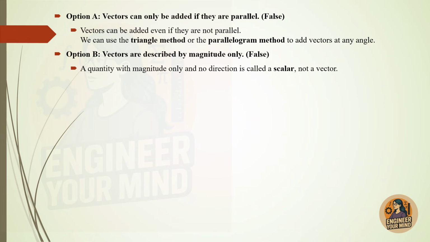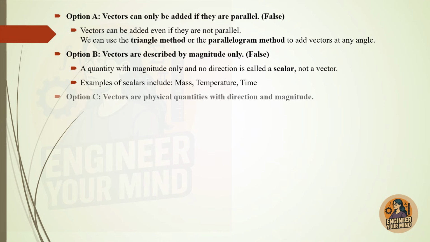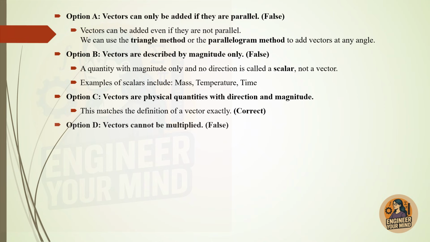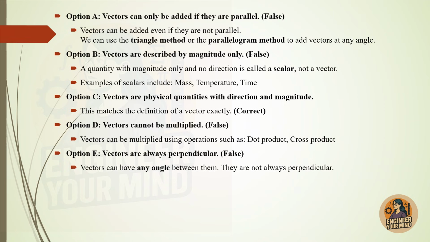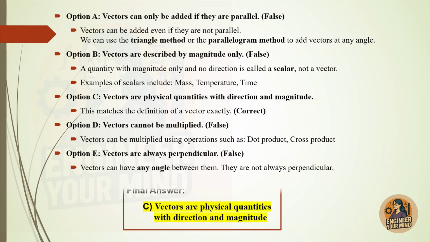We can use methods like the triangle method or parallelogram method to add vectors at any angle, so this statement is false. Option B, vectors are described by magnitude only. This is incorrect. If a quantity has magnitude only and no direction, it is called a scalar, not a vector. Examples of scalars are mass, temperature, and time. So this statement is false.